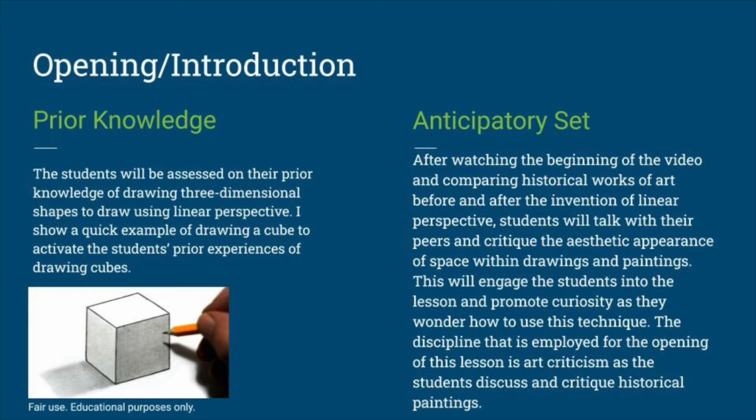And for the anticipatory set, after watching the beginning of the video and comparing the historical works of art before and after the invention of linear perspective, students will talk with their peers and critique the aesthetic appearance of space within drawings and paintings. The discipline that is employed for the opening of this lesson is art criticism, as the students discuss and critique historical paintings.